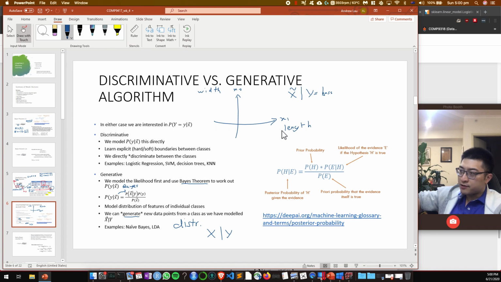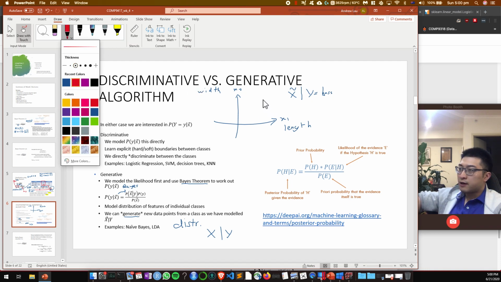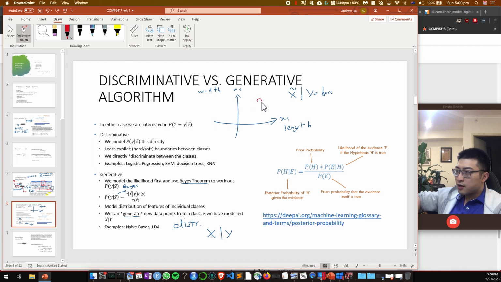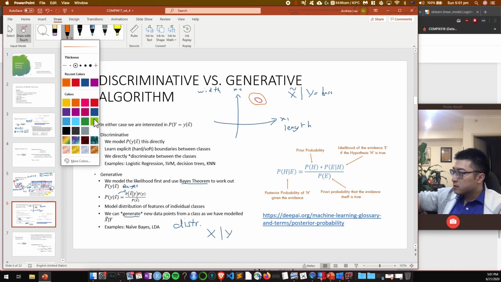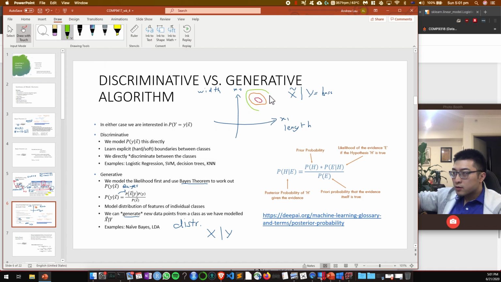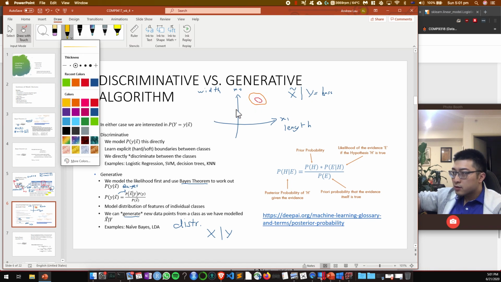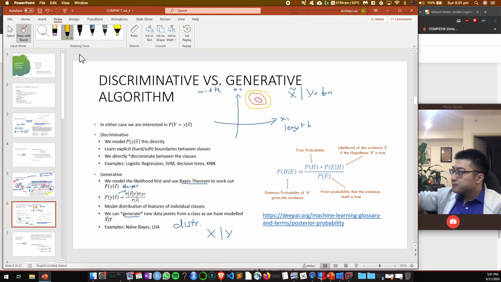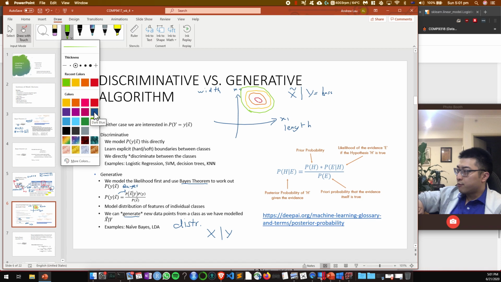Let's make it up based on the length and width of the fish. I'm going to draw a heat map here. So it may look something like this, depending on how you've done it. This is a contour plot. What this is saying is that, given it's sea bass, this is the probability.